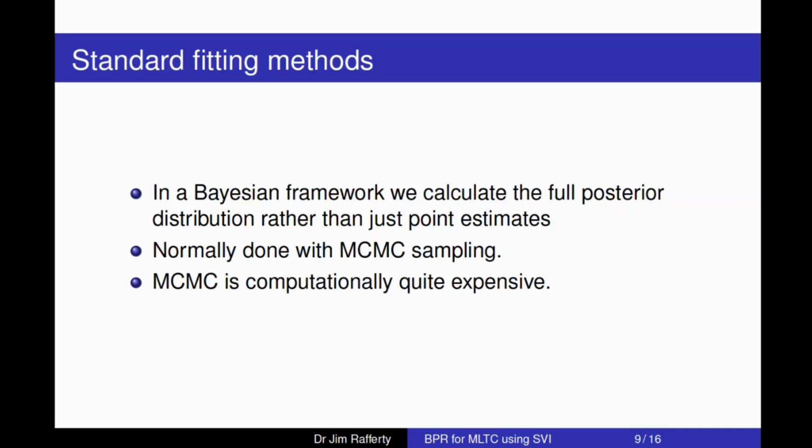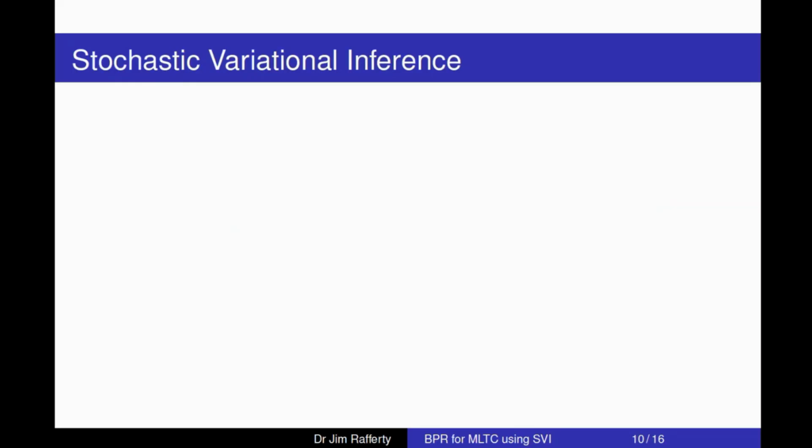It just takes an unreasonable amount of time, and it's not likely to converge before you need the results. So what we need is an alternative to MCMC. Enter SVI.